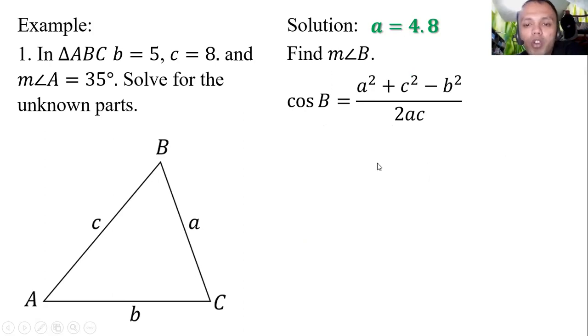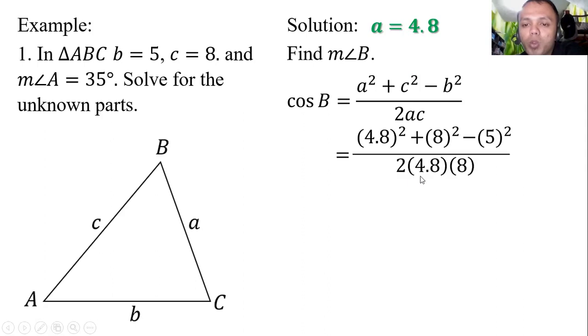Now, substitute your A to 4.8, your C to 8, minus your B to 5, over 2 times your A, 4.8, and your C, 8. 4.8 squared is 23.04, 8 squared is 64, 5 squared is 25, over 2 times 4.8 times 8, which is equal to 76.8.